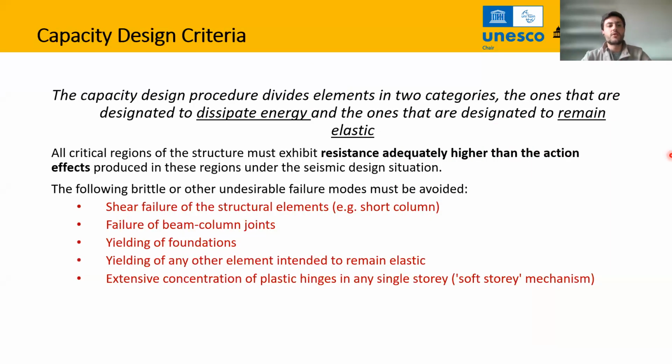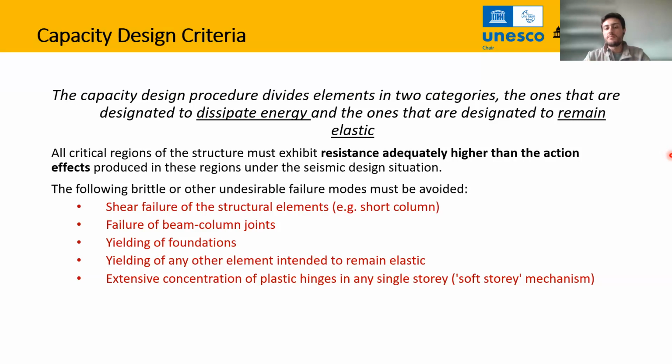So just to summarize the capacity design criteria, in a building, we can divide the elements into two categories. The first one is the ones that are designated to dissipate energy, and the others are the ones that are designated to remain elastic. So the critical regions of the structure must show a resistance that is higher than the action effects.